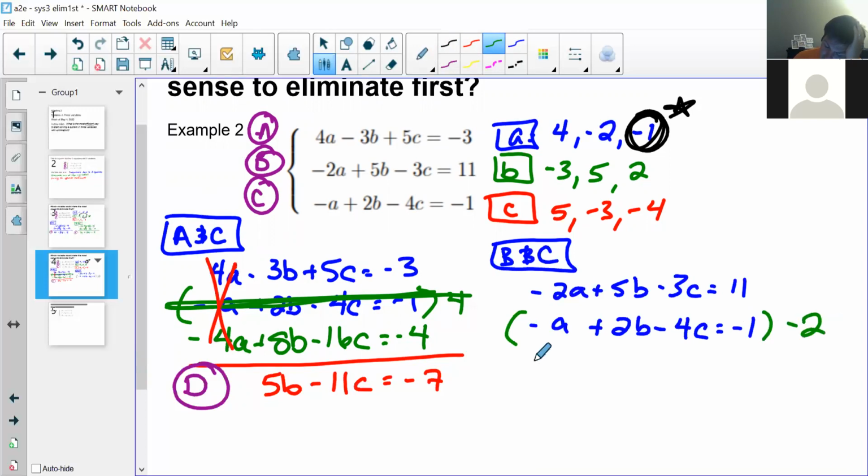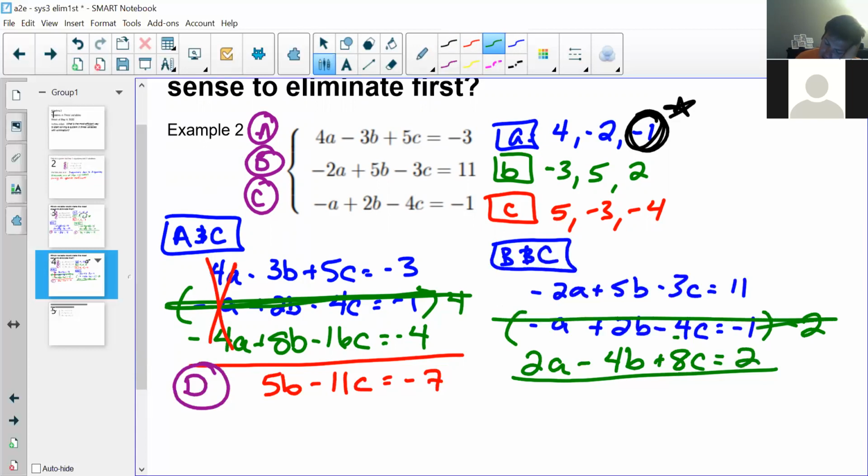If I multiply everything by -2, that gives me a +2A, which hopefully you can see will be an opposite coefficient. And we'll do it the whole way down the line. Got to make sure we do it to everything here. -4C times -2 was +8C.